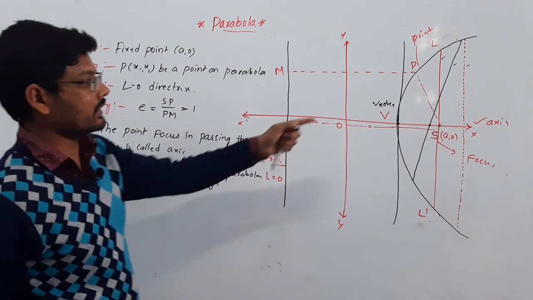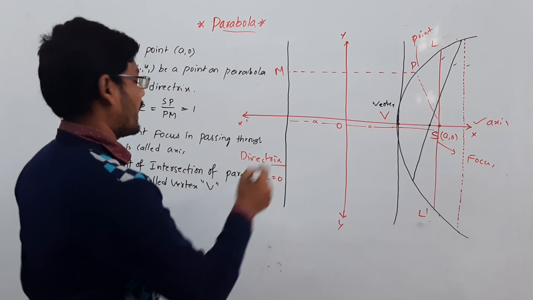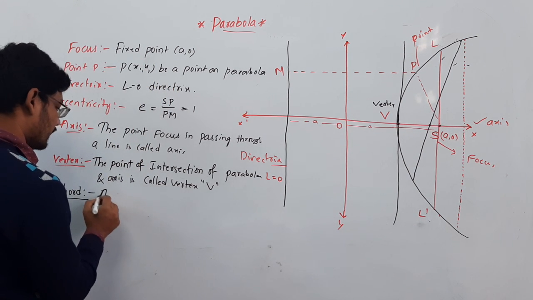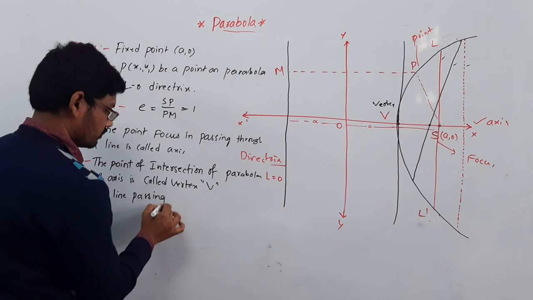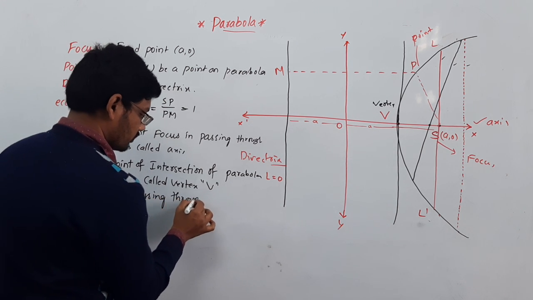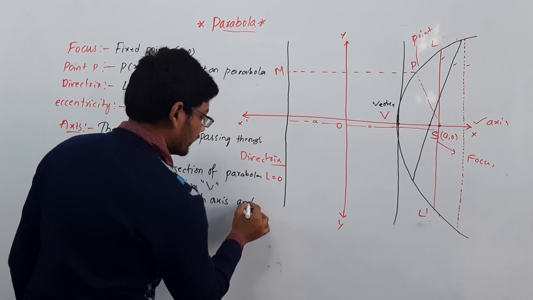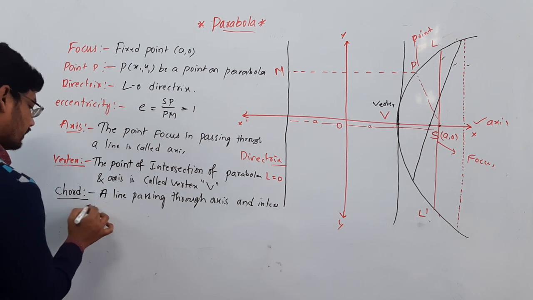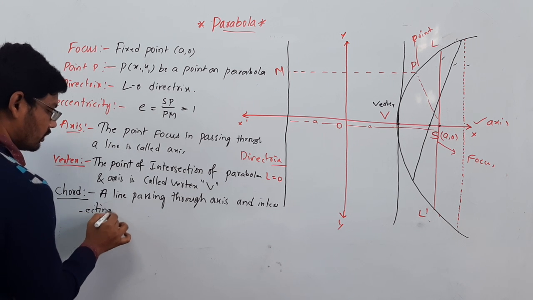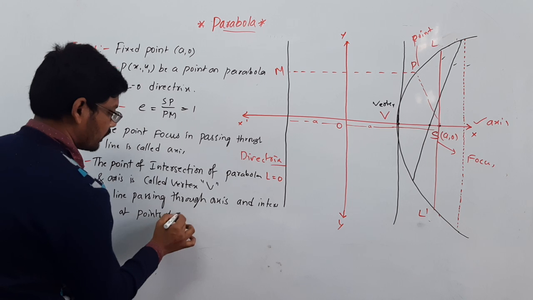A chord is a line passing through the axis and intersecting at 2 points of the parabola.